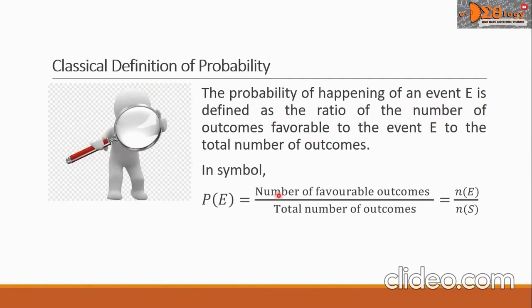In symbols, this is P of E equals the number of favorable outcomes over the total number of outcomes, or the sample space. In symbols, this is equal to the number of outcomes for E over the number of the sample space.